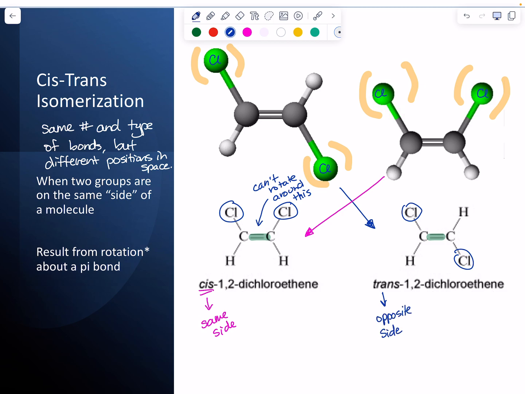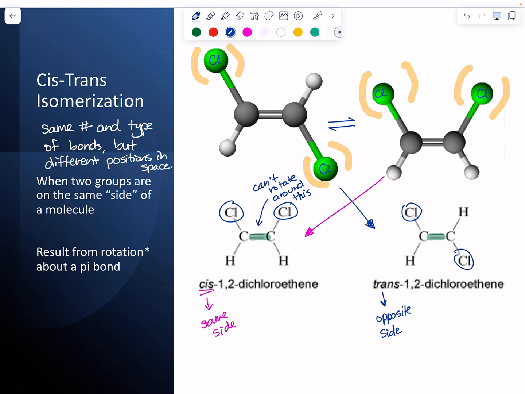And so in this case, we have a place where the chlorines are close to one another or whether they're far apart. Now, to move between these 2 forms, you have to have some type of chemical reaction take place that breaks the double bond.